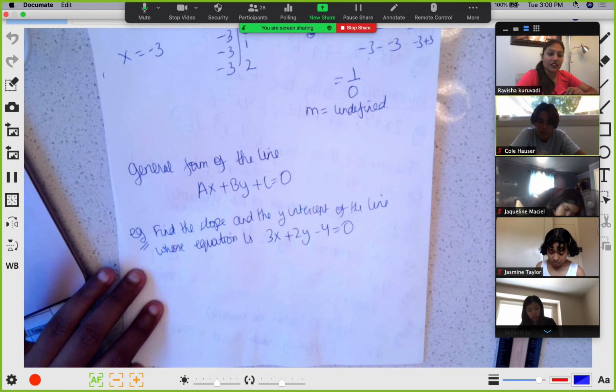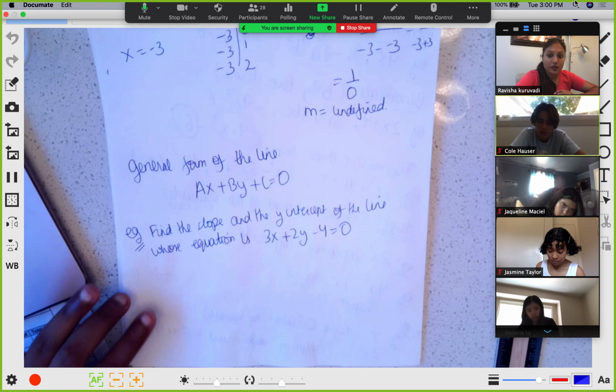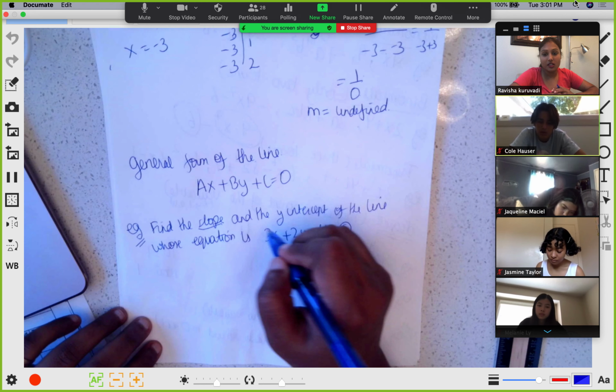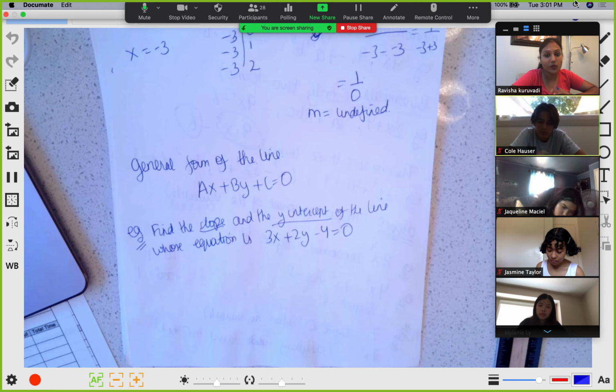You have to find the slope and y-intercept of the line whose equation is this thing. Note they are asking you to find the slope and y-intercept. Which form of the line gives me slope and y-intercept? The slope-intercept form of the line.